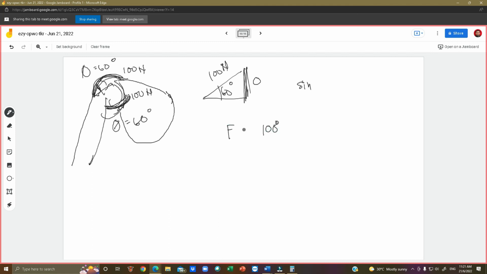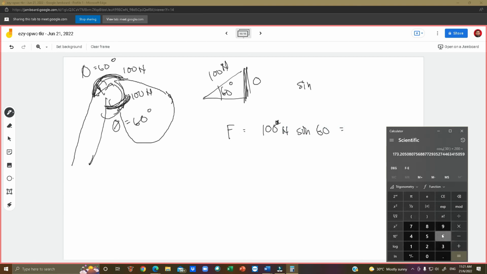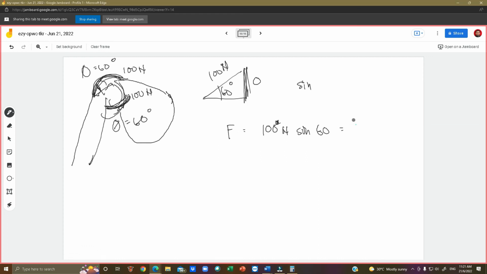Okay, force equals to 100 Newton sin 60. Berapa dapat tu dulu? 86.6 kan? Okay, kita dapat 86.6. But dia cakap tadi ada berapa muscles?